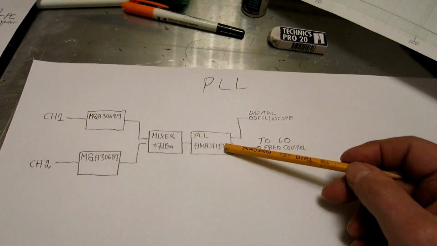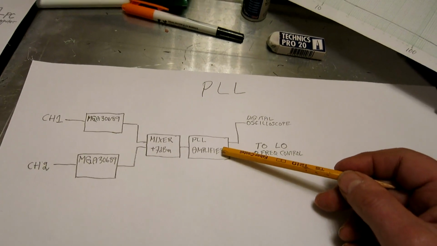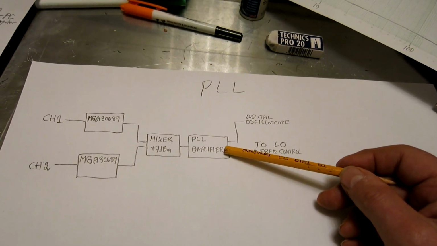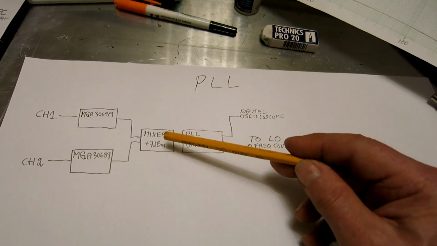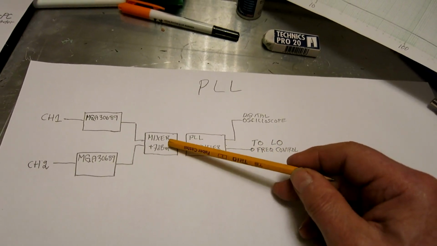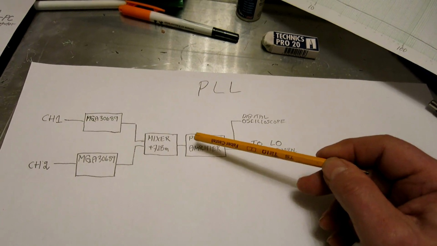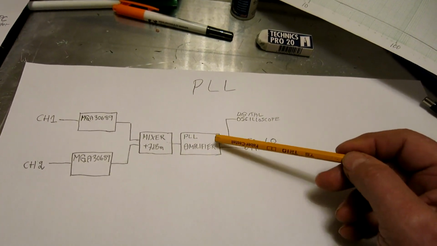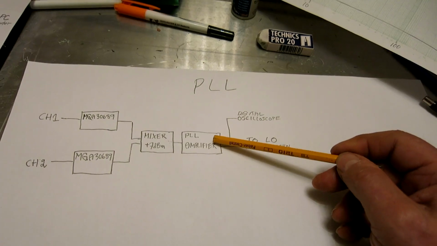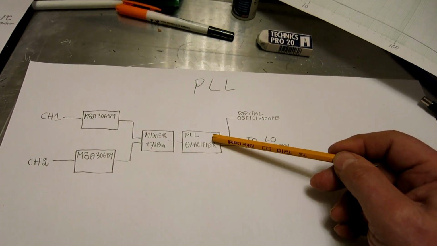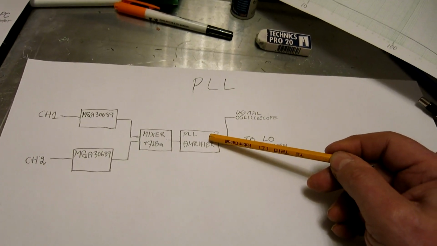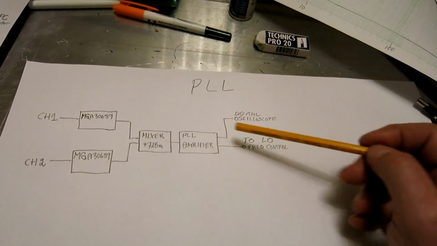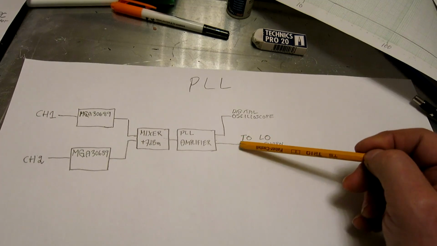The PLL amplifier, it's just an operational amplifier with some filters on the input to stop the 20 megahertz from the mixer, so it uses only the very low frequencies. And on the output of the amplifier there is a selectable resistor and a big capacitor to create a large time constant.